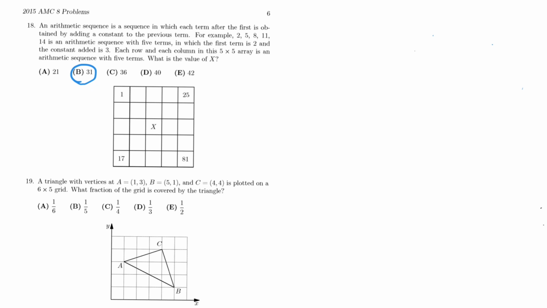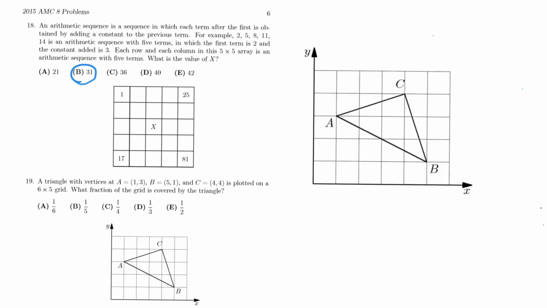Number 19. A triangle with vertices at A equals (1, 3), B (1, 5), and C (4, 4) is plotted on the 6 by 5 grid. What fraction of the grid is covered by the triangle? Now we draw the rectangle.